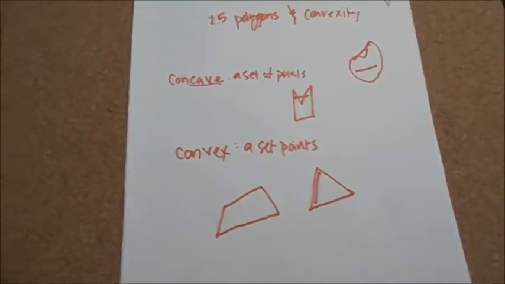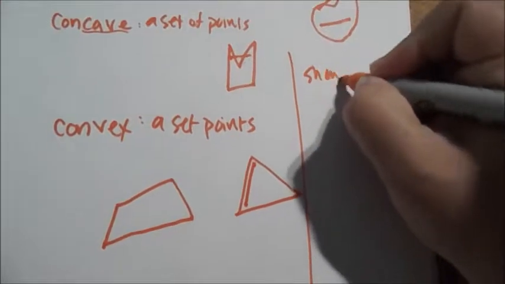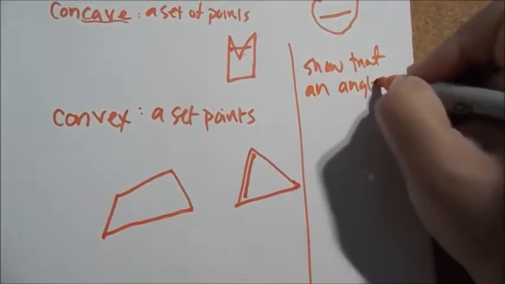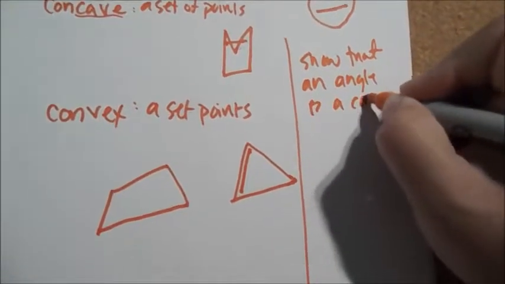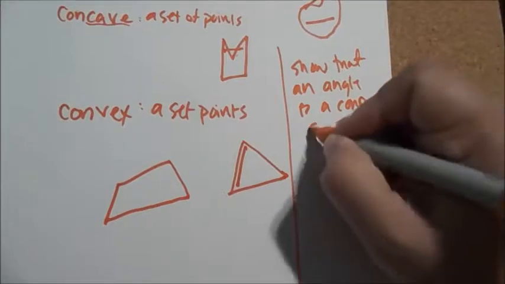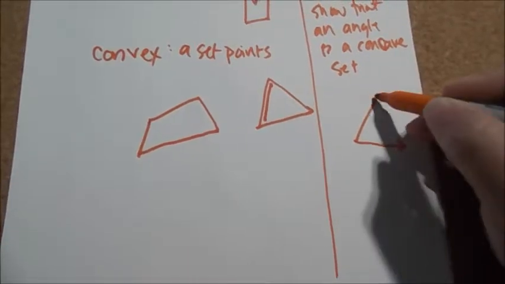So example number 1, it says show that an angle is a concave set. Alright, so what they're meaning right here is that the angle, let me draw the angle.